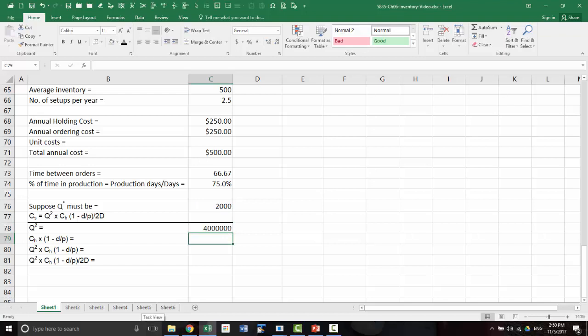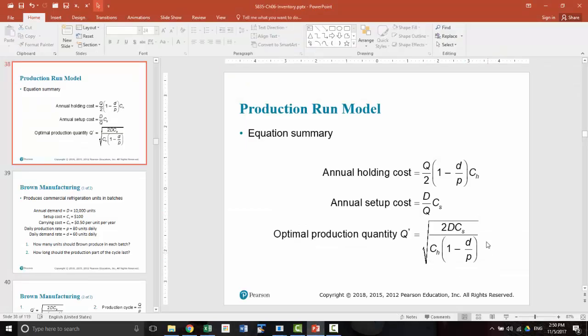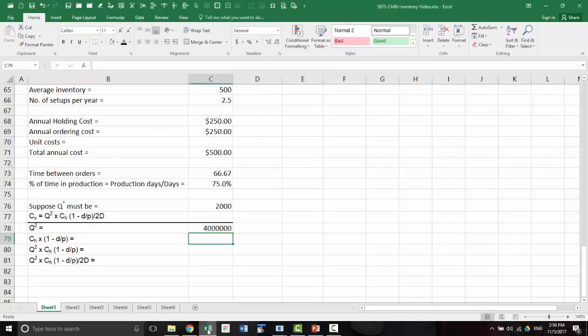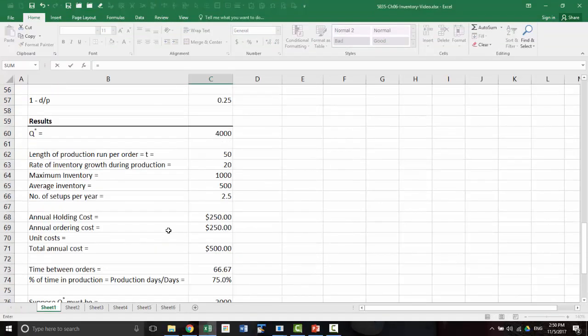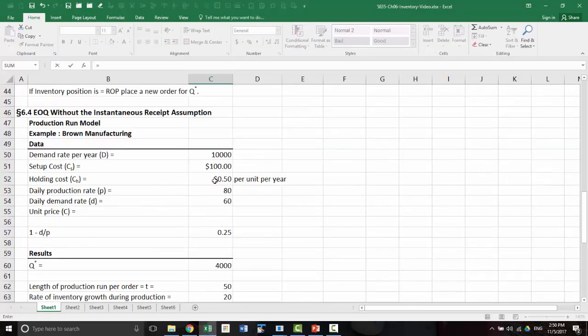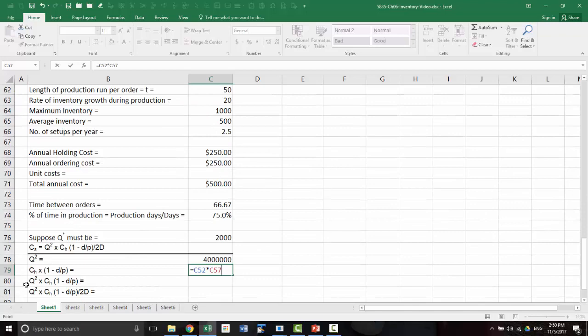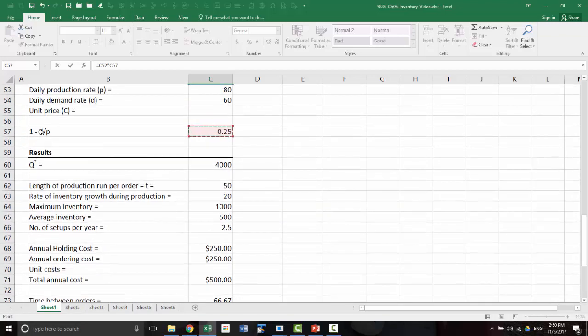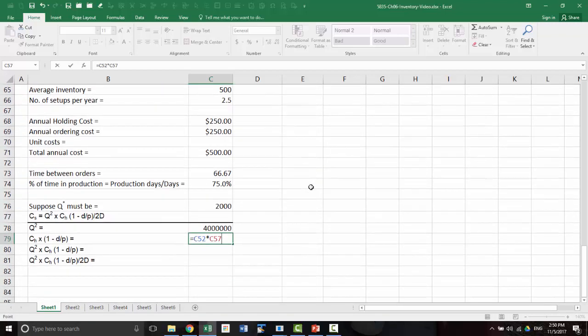Then we figure out that part, which is C sub H, which is here, times 1 minus D over P, which we already have right there.